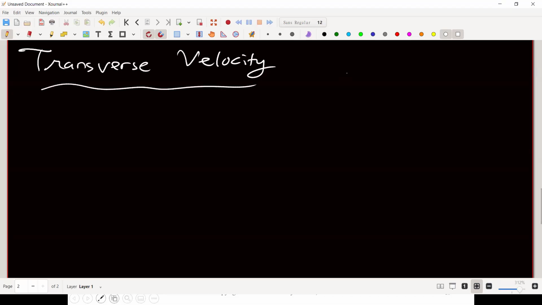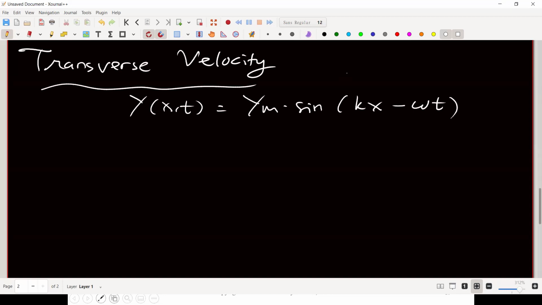For the transverse velocity, we take the derivative of y(x, t), which is ym sin(kx minus or plus omega t). For simplicity, we take the positive one, which means to the right side.